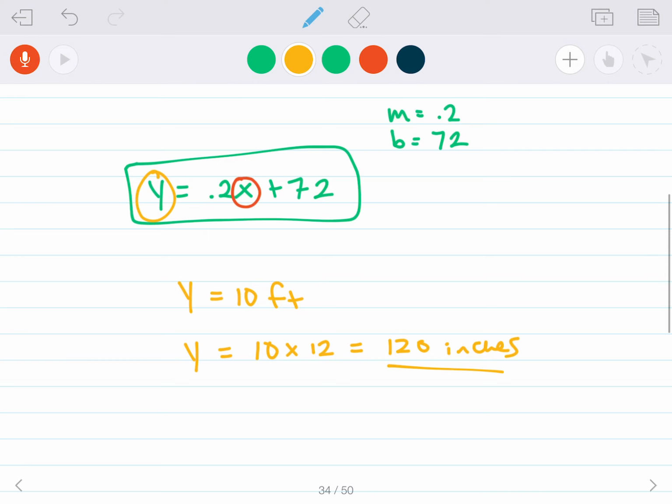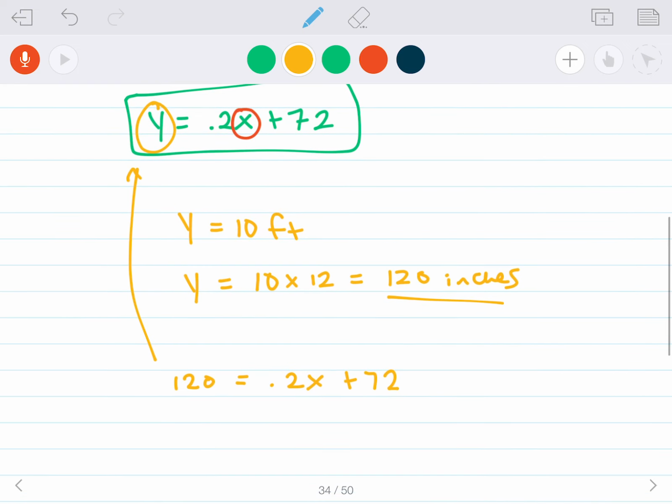So if we plug in 120 into this equation for y, we get 120 equals 0.2x plus 72. And then I can solve for x by subtracting 72 from both sides and dividing by 0.2.